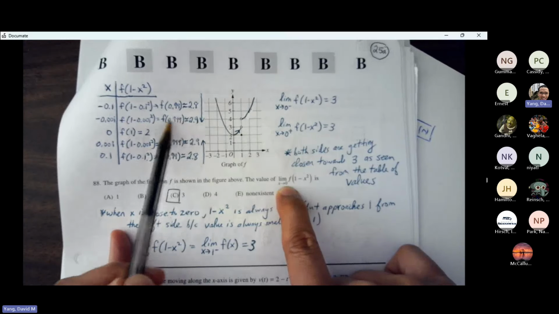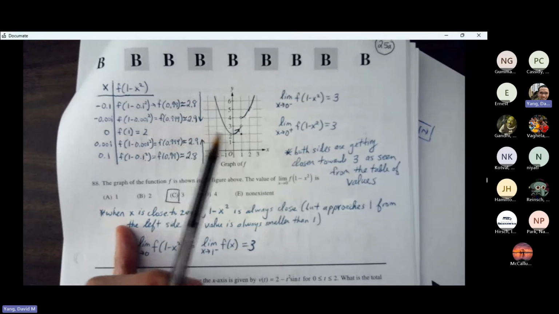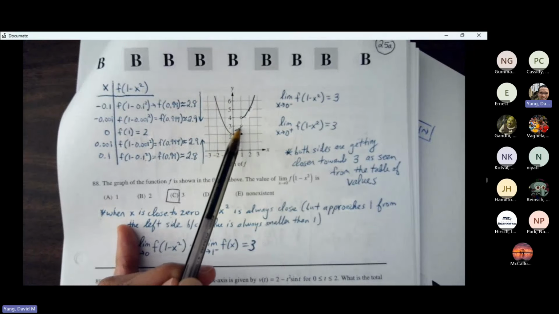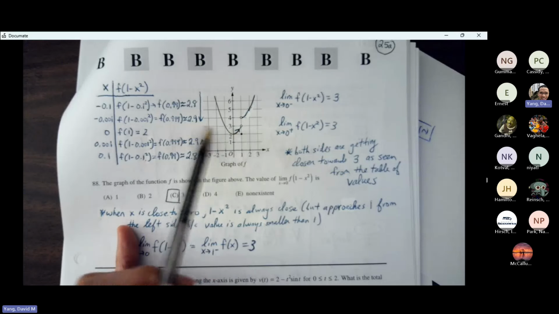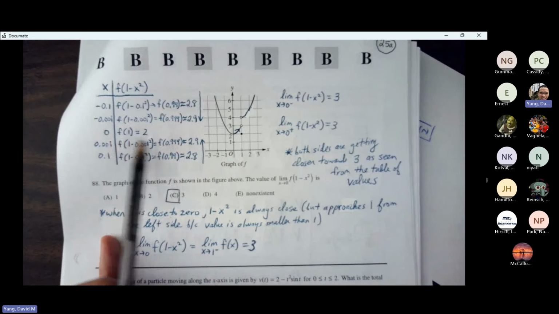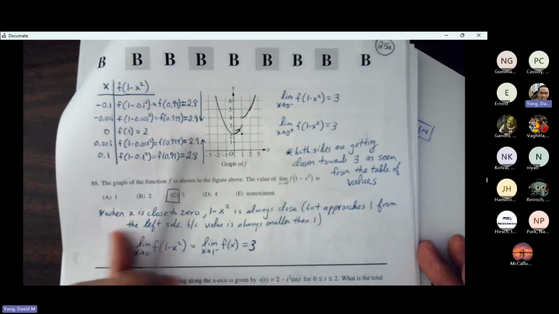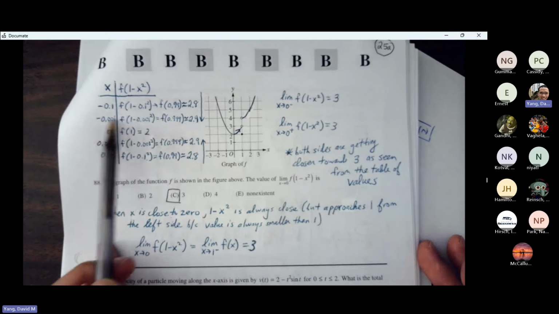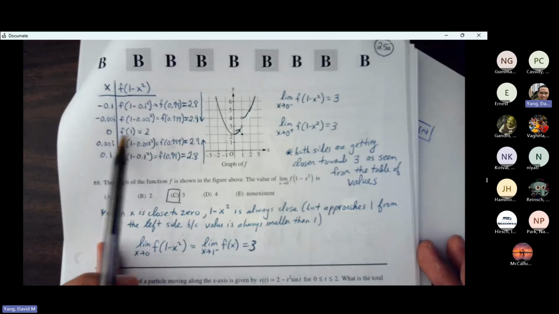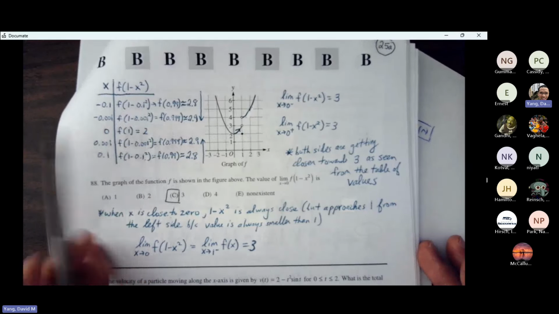And if we keep choosing values closer and closer, that y value is getting closer towards 3, right? 2.9, 2.999, 2.9999. Now, if I plug 0 in, f of 0 will be f of 1. f of 1 is 2. But we know that a limit doesn't care about that ordered pair. It cares about the approach from the left and right side.